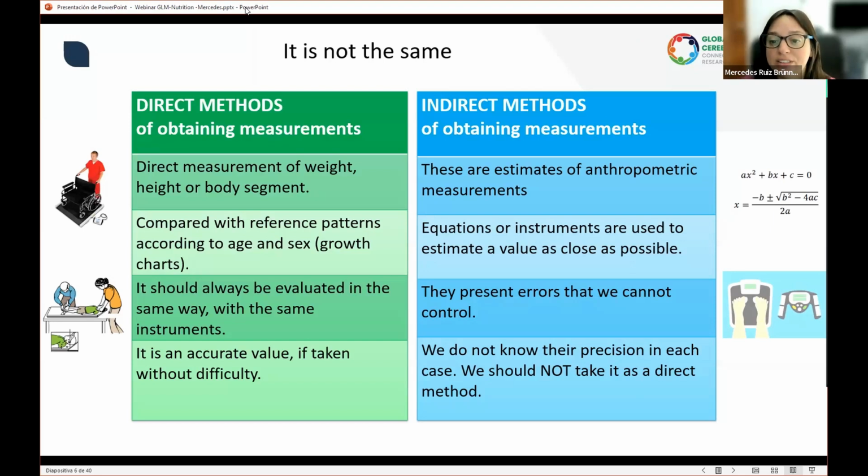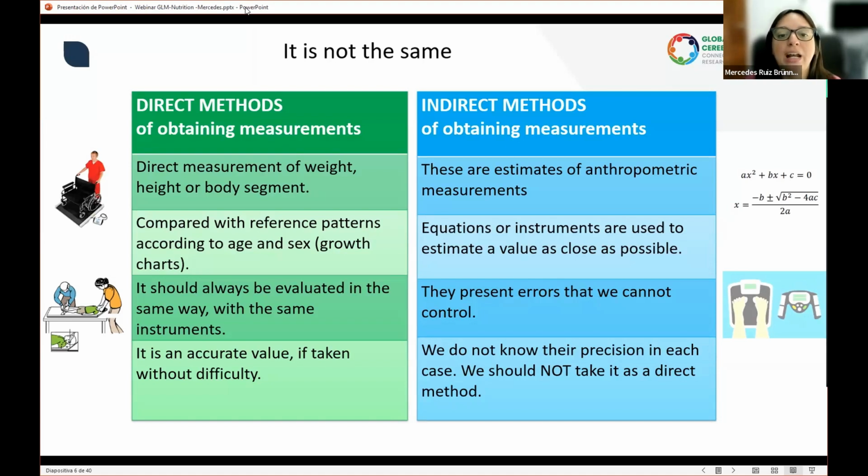They present errors that we cannot control, and sometimes we don't know if we have a close value or not, and we don't know the precision in each case. We should not take this as a direct method.